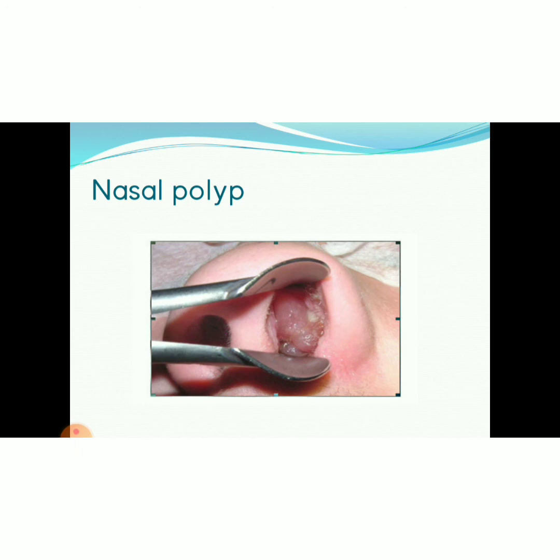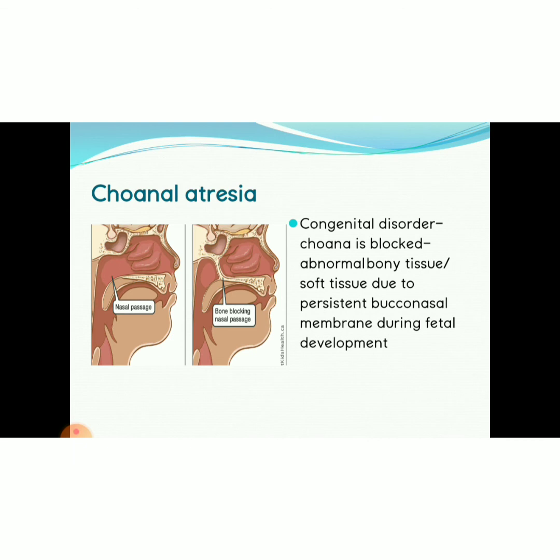Nasal polyps are non-neoplastic lesions arising from the nasal mucosa. Choanal atresia is a congenital disorder in which the choana is blocked due to abnormal bony tissue or soft tissue.